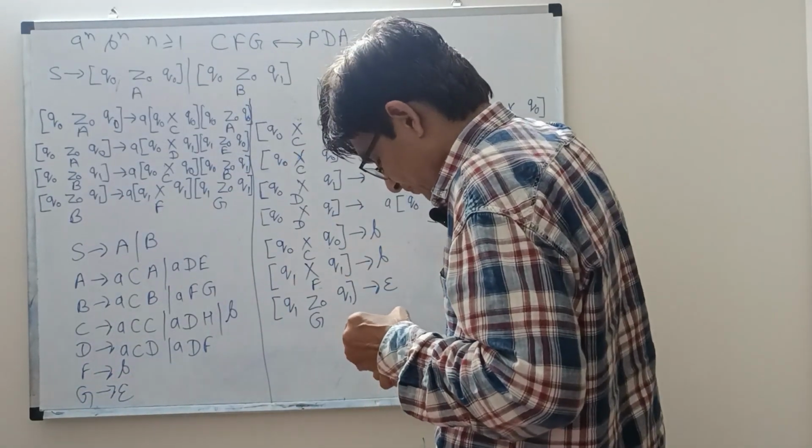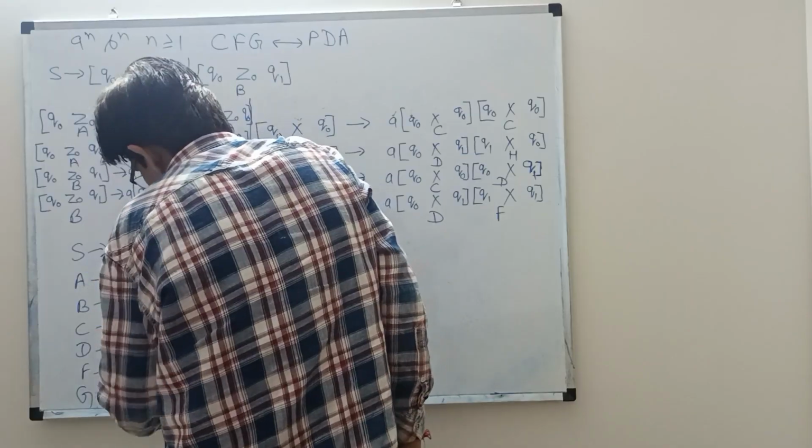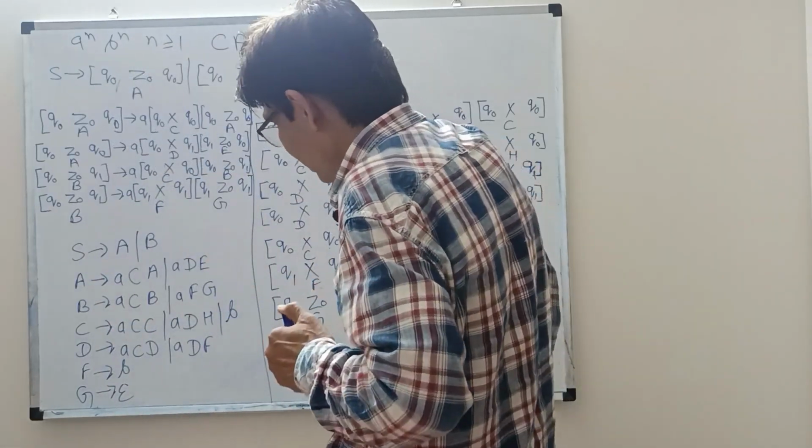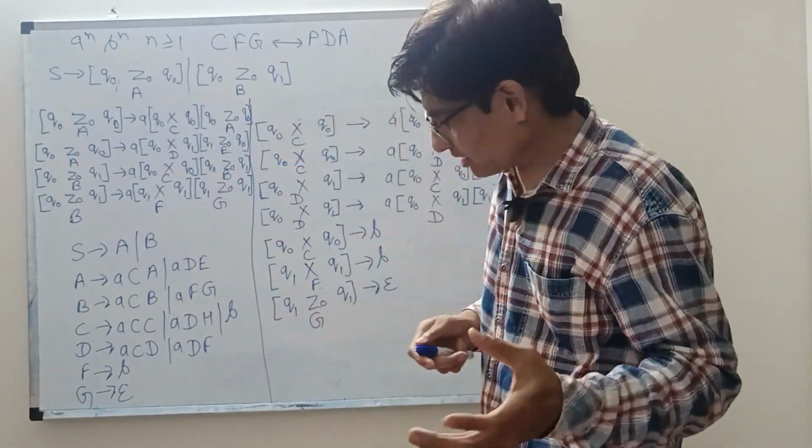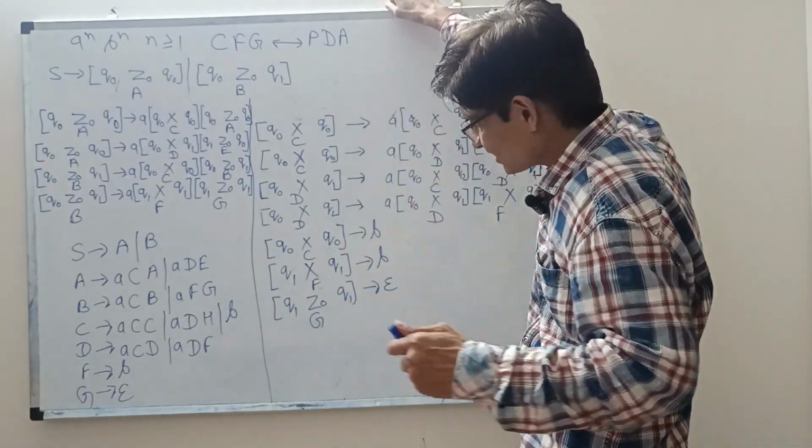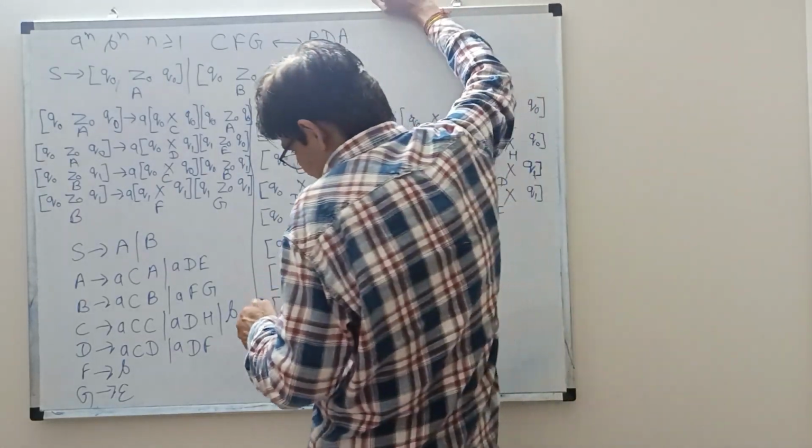So now you can see, my friends, this is our grammar. Now you can simplify this grammar. You can identify the useless variables and useless productions here.